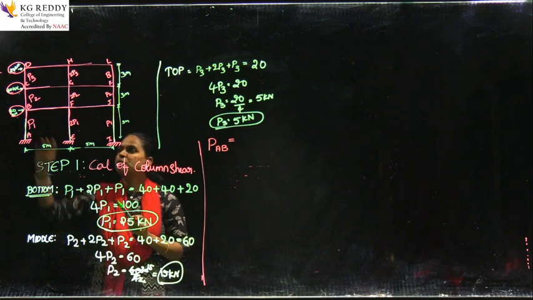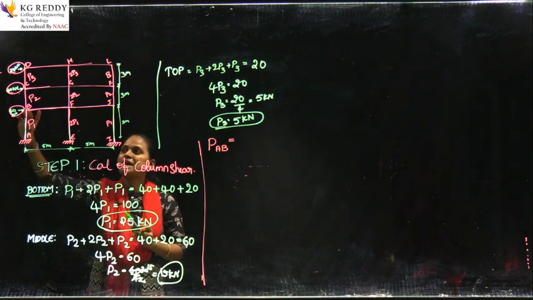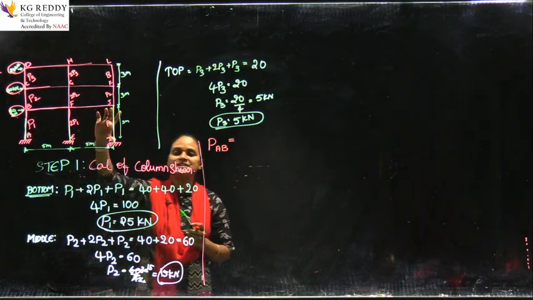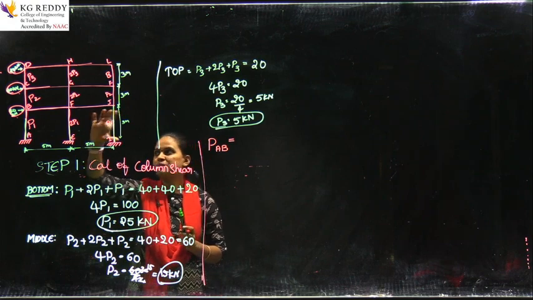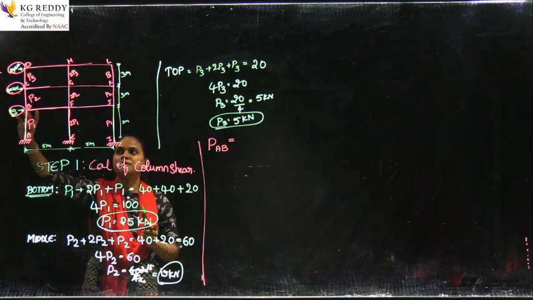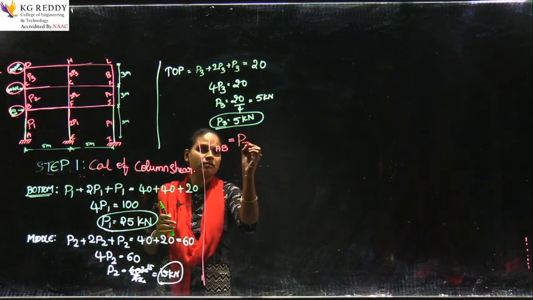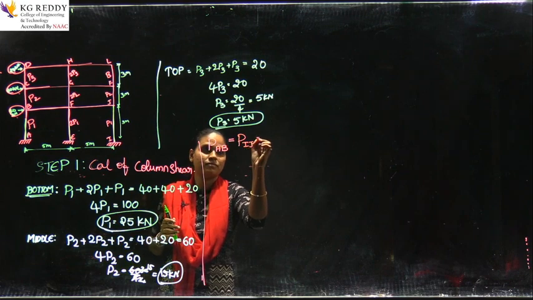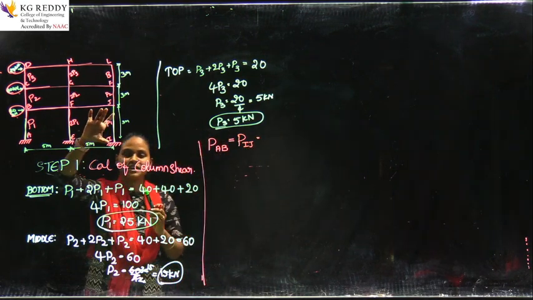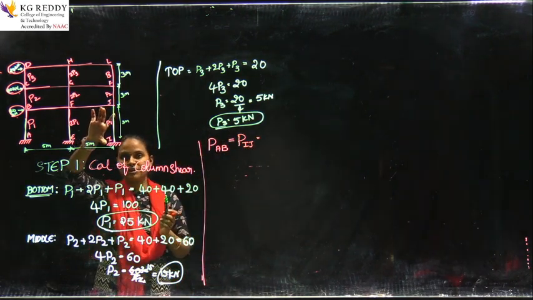PAB is equal to the P1 value only, and PAB is equal to PIJ. So this is also P1 and this is also P1. So PAB equals PIJ, which are the columns for the bottom story.